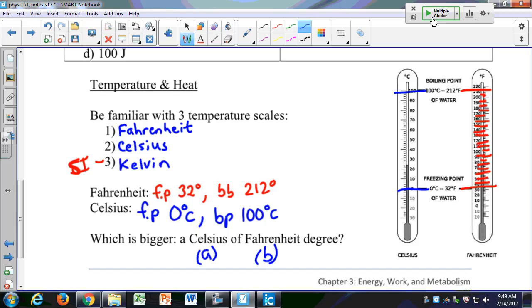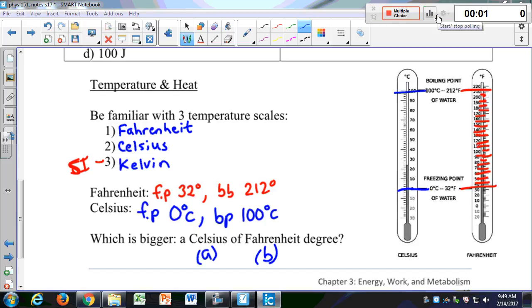That is, if I have a change in temperature of 1 degree, is 1 degree Celsius a bigger change in temperature, or is 1 degree Fahrenheit? Think about how your scales are laid out. I've drawn the degree marks for Fahrenheit. What about for Celsius? Which one is bigger?